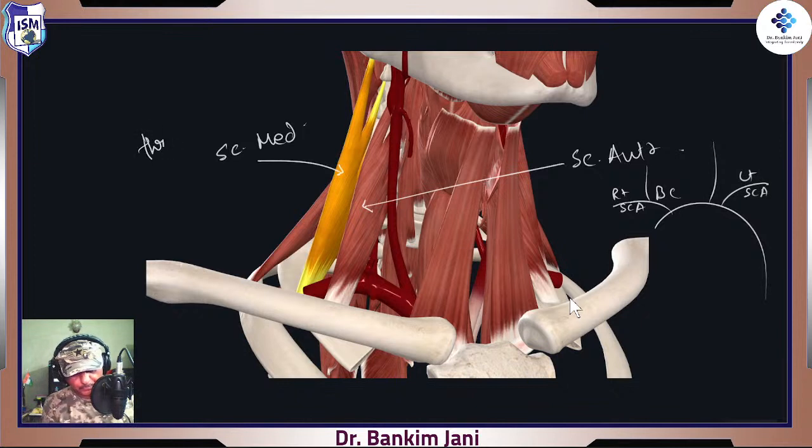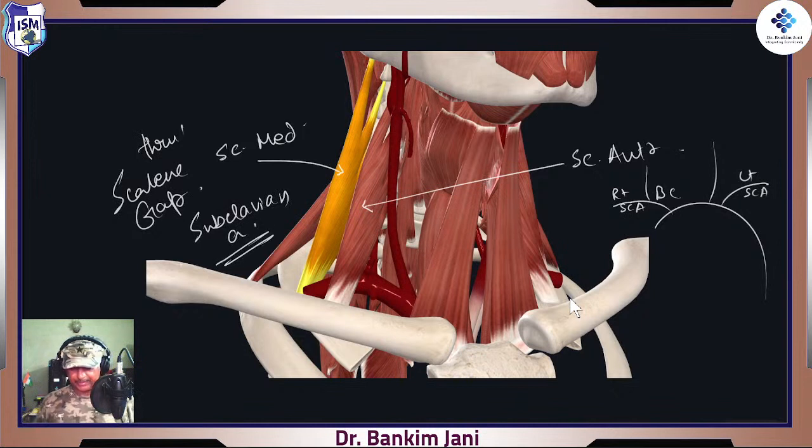Through the scalene gap. And who is passing? It is this subclavian artery which is passing. And that's how the subclavian is divided into parts: the part which is before, after, and behind the scalenus anterior.